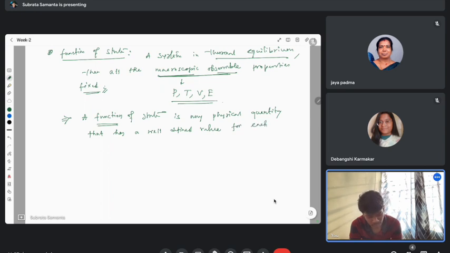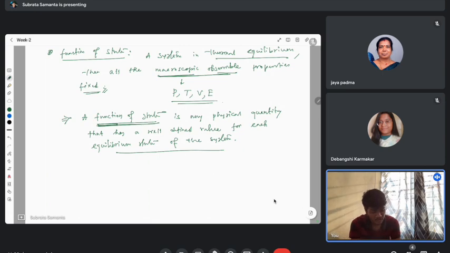Right? So for gaseous systems, the functions of state are the pressure, temperature, volume, energy. When the system is in equilibrium, these quantities are fixed. When we change the system from one equilibrium state to another, these values change. But within one equilibrium state, these values are fixed. So this is the function of state, the definition.